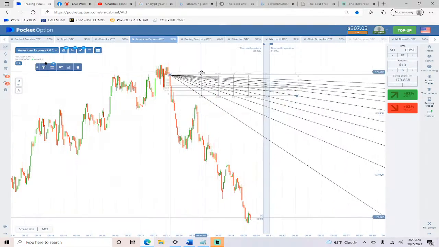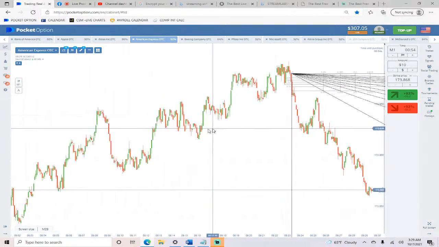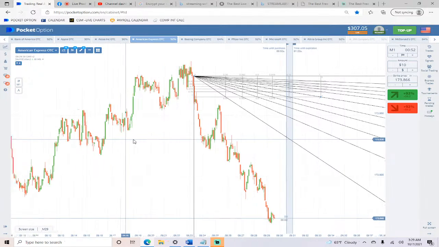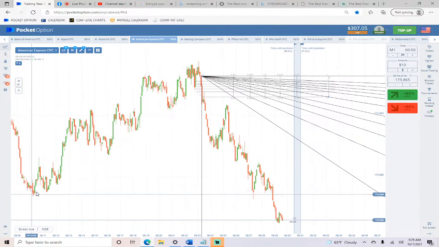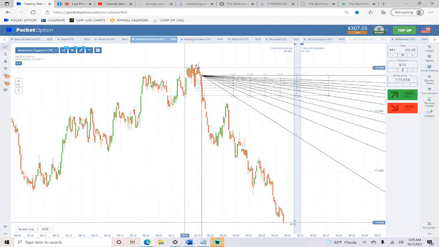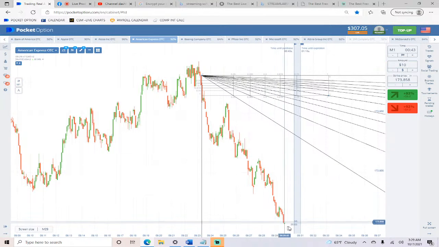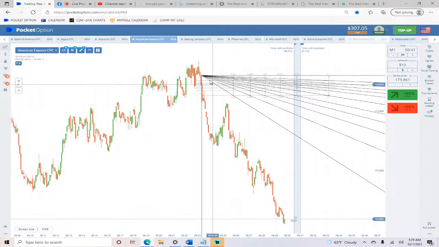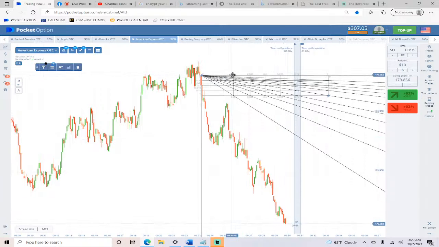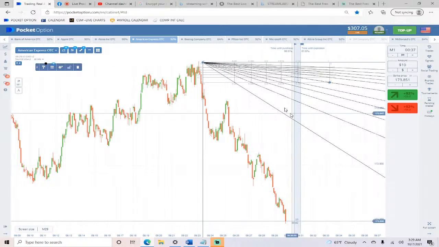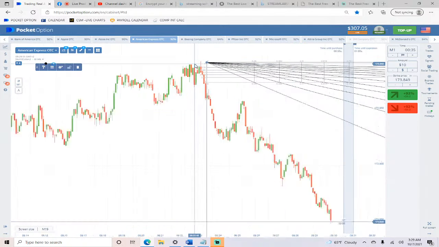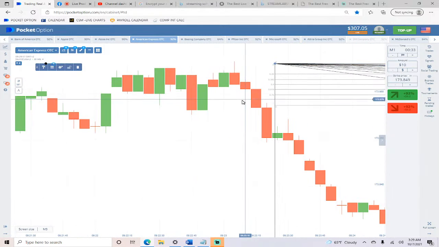So what I'm doing, when the chart pops up, I'm looking for low points, high points. This is the most recent low that's still happening. So let's go to the previous high. We're going to start there with our fan pointing down. So zoom in.